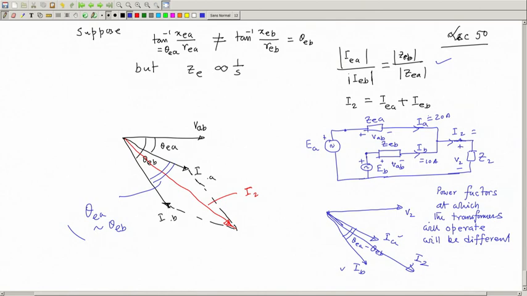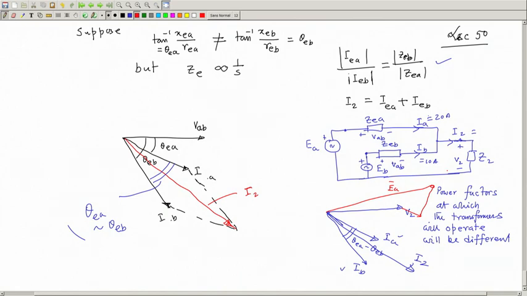Therefore, to get the E_A back or E_B back, you have to add, I will just indicate here, V2 plus I_A R_A plus I_A jX_A like that, and you will get E_A. Same thing you will get if you add to V2 I_B R_B plus I_B jX_B.